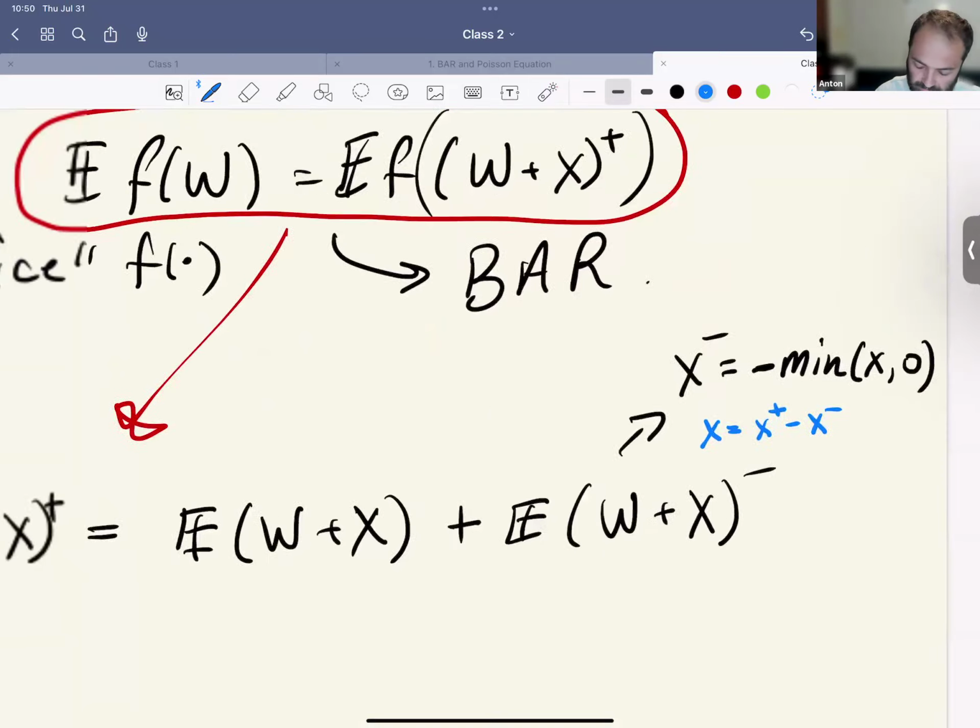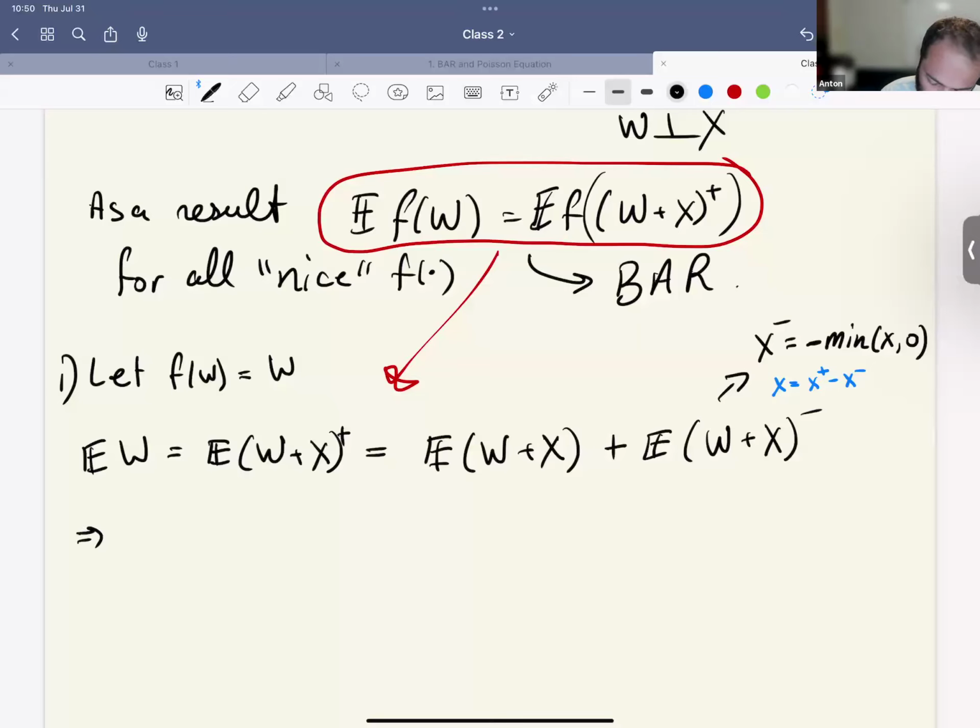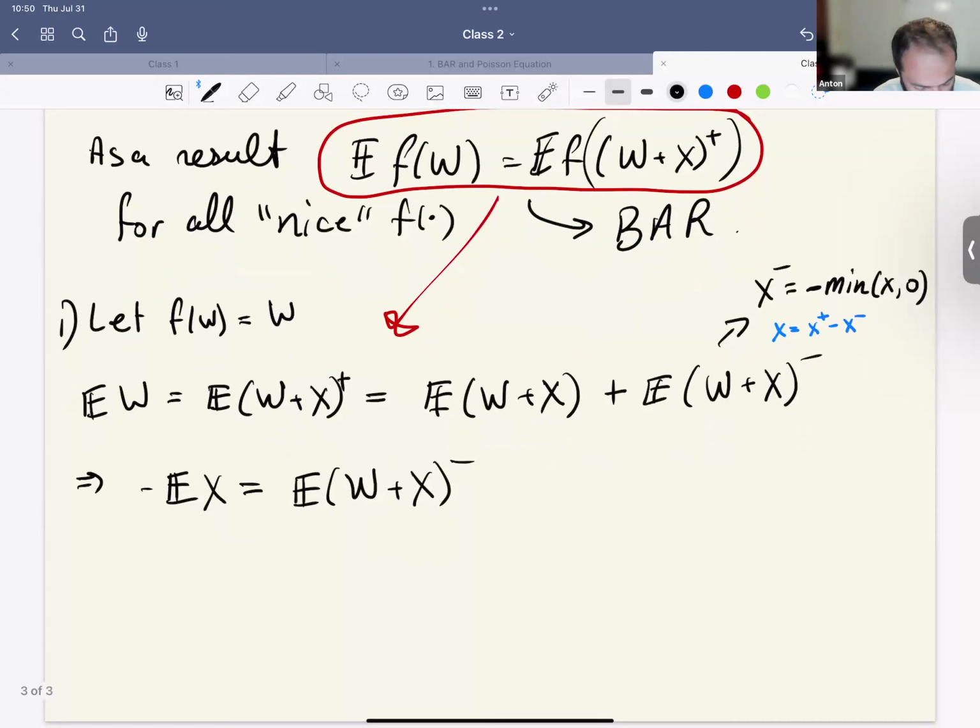But now we related the expected value of W to this object. We've got another expected value of W coming out of here. So therefore, negative expected value of X equals expected value of (W plus X) negative part. Okay, now what is this thing on the right-hand side? Another way to write it is expected value of (W plus X) times indicator that W plus X is less than or equal to 0.